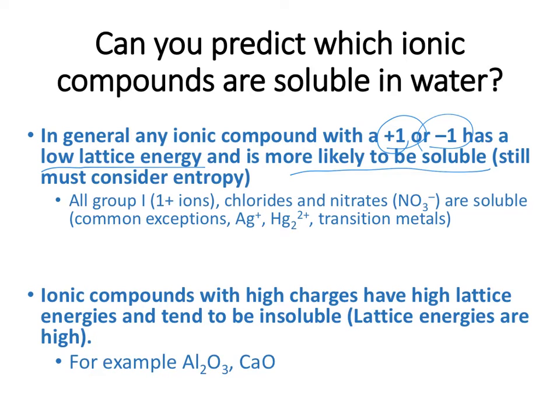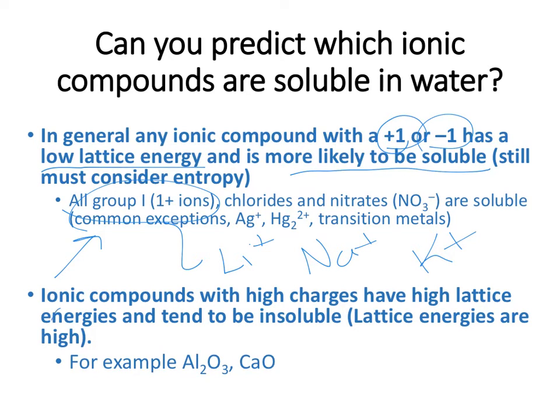That doesn't mean it will always be soluble because we have to look at other factors, but that's good. And if you are familiar with the solubility table, you will notice that all group 1 metals, like lithium, sodium, potassium, anytime these group 1 metals are part of an ionic compound, they're soluble.